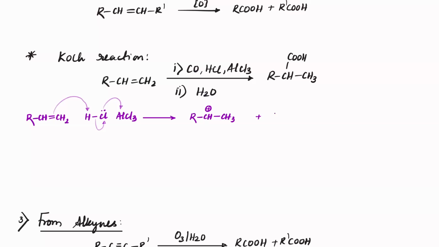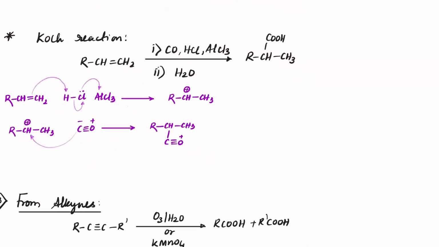And the carbon monoxide which is present here, C triple bond O, can be used as a nucleophile to attack on this position. You will get this as RCH(CH3) with C triple bond O plus.